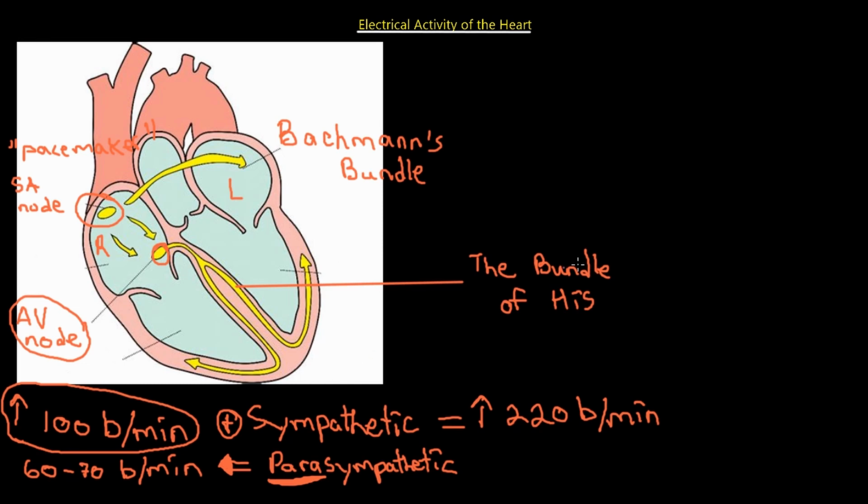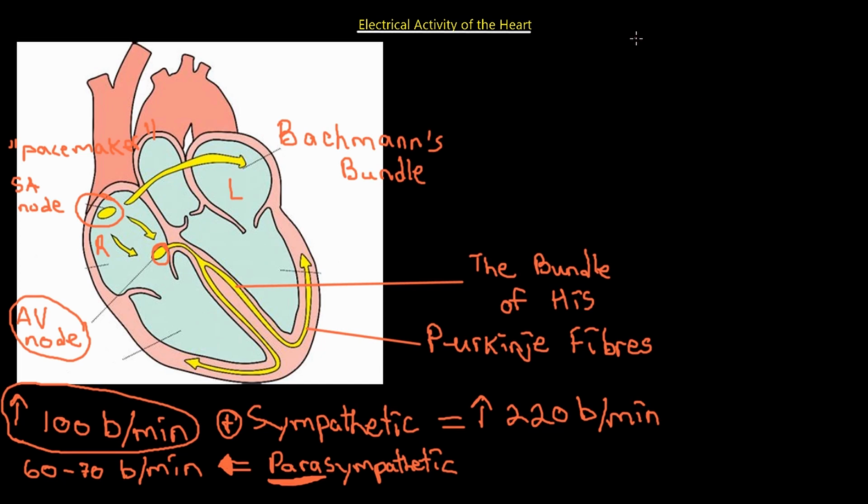And they're going to travel over to these parts right here that are called Purkinje fibers. And then these Purkinje fibers are able to stimulate and contract muscles of the ventricles. And both ventricles will contract exactly at the same time.